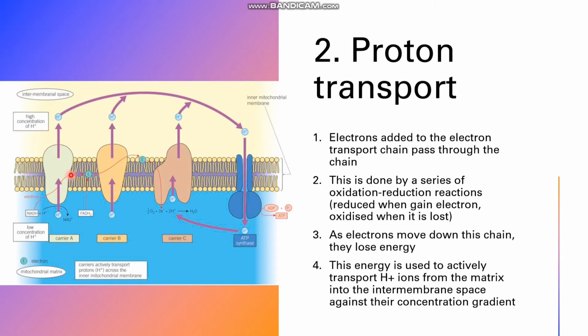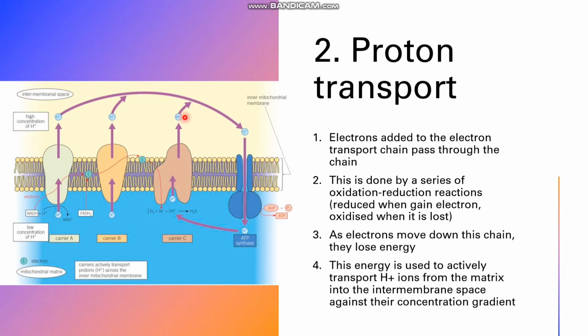This energy that the electrons release is used to actively transport H+ ions from our matrix. We have produced H+ ions by oxidizing our reduced FAD and NAD, but there are also H+ ions in the matrix. So we're actively transporting H+ ions into the intermembrane space, against their concentration gradient.